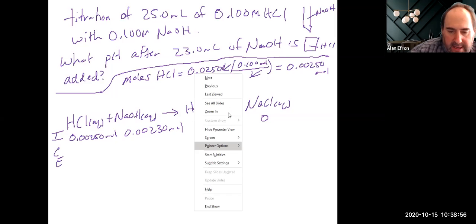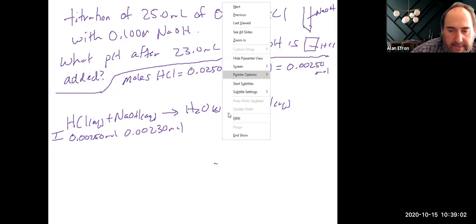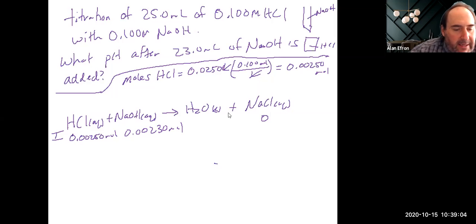Any questions on that so far? We're just getting our moles using volume and molarity. At this point, if you are not sure where you are in terms of the titration, you know that you are starting with this and you're adding this. We can see that the moles that we are adding is less than the moles of what we started with.